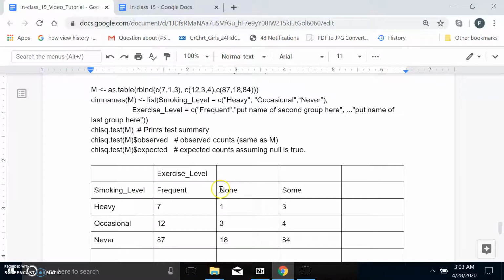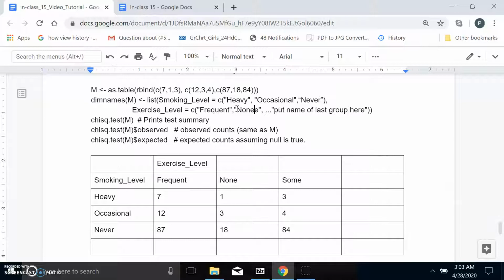We have none, the second one. And for third one, we have some. Okay, and that should be it for the R code then. So let's run this now and run our script.